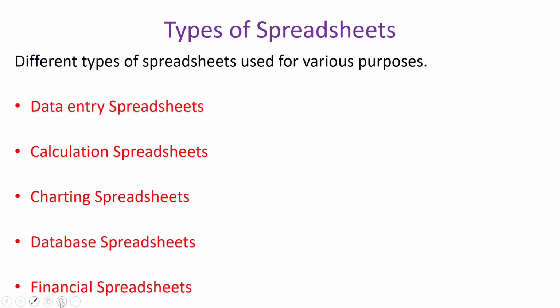And next is a financial spreadsheet, used for budgeting, expense tracking, payroll management, etc. Each spreadsheet type serves different user needs but follows the same foundational structure of rows, columns, and cells.